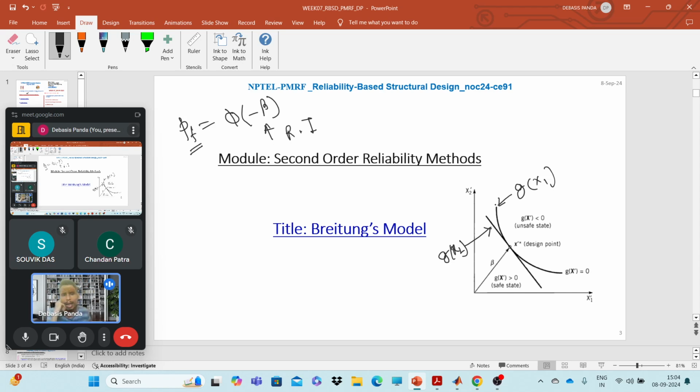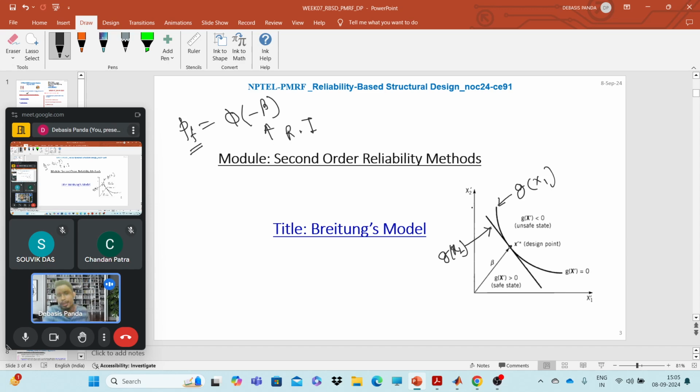As per the definition of beta, we will get the same beta if we solve using the first order reliability method. As per the Hasofer-Lind reliability index, beta is the shortest distance from the origin to the limit state function in standard normal space.